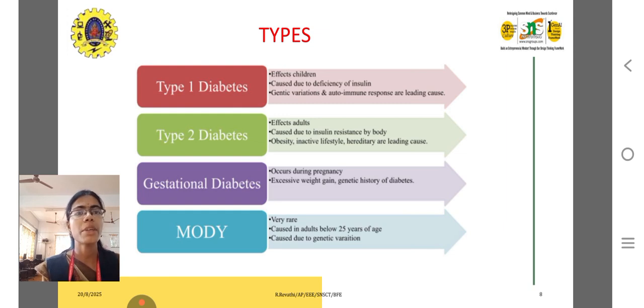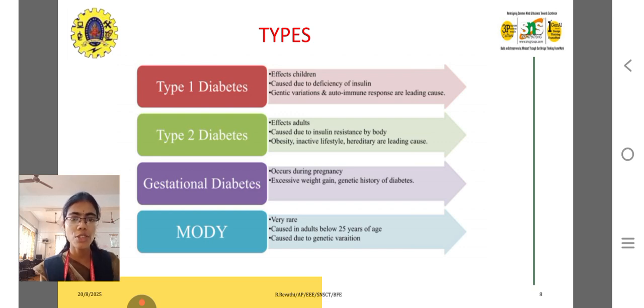Type 1 diabetes affects children due to deficiency in insulin, genetic variation, or autoimmune response. Whereas type 2 diabetes affects adults, caused by insulin resistance of the body, obesity, inactive lifestyle, hereditary, and other leading causes. In the previous slide, we have seen a lot of persons affected by type 2 diabetes.